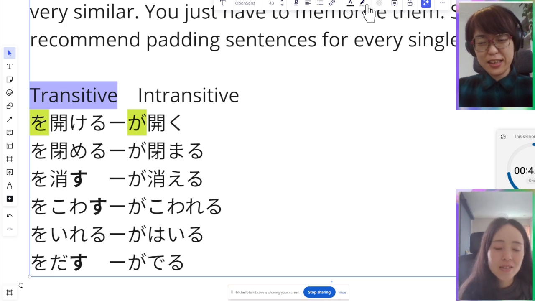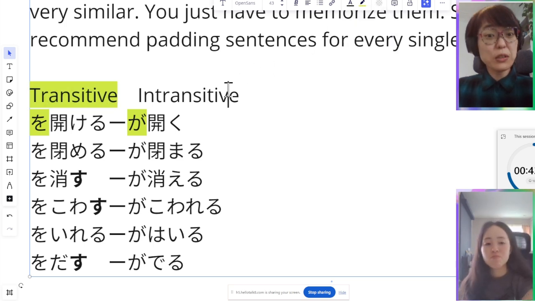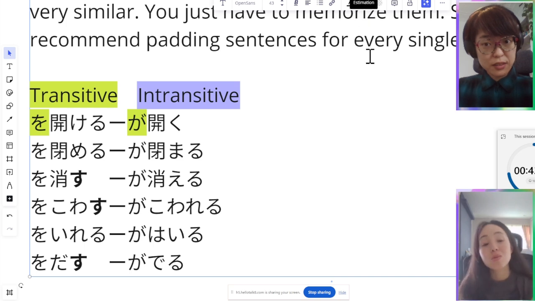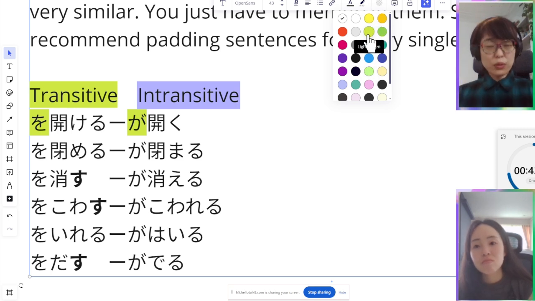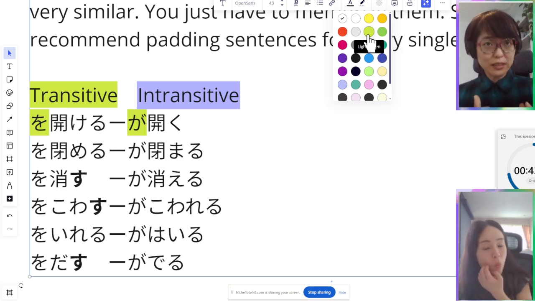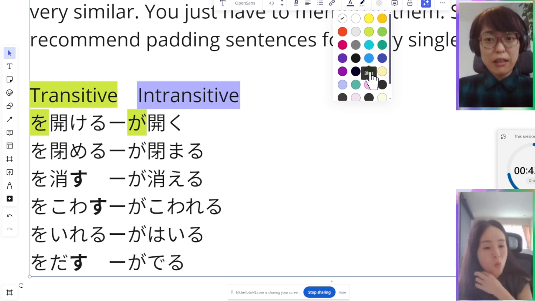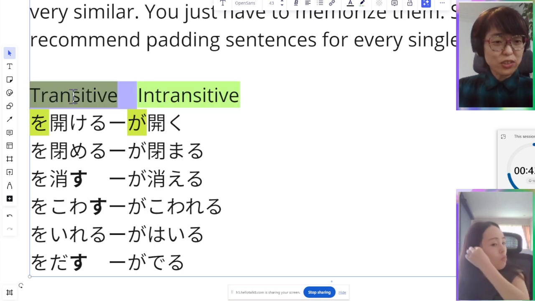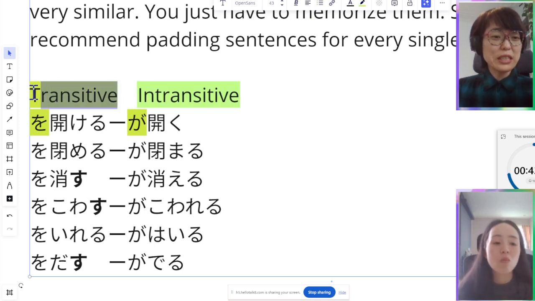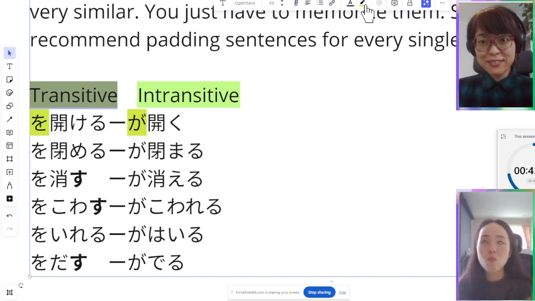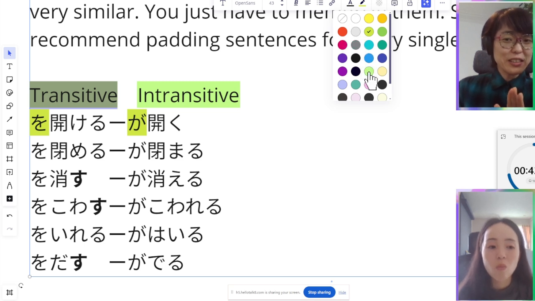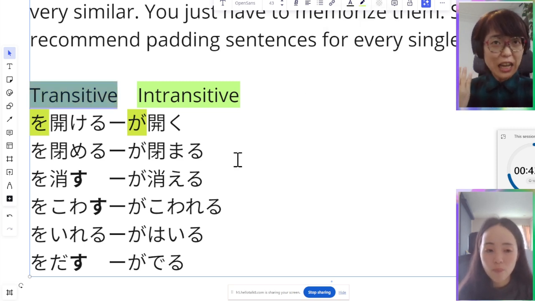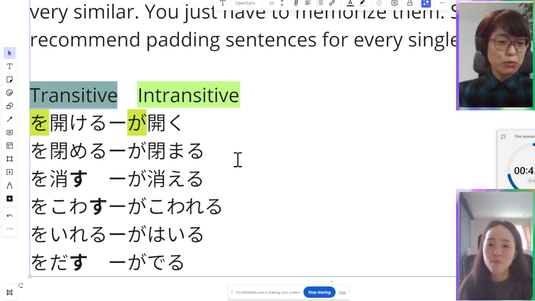Think. Because it means suru. You do the action. Someone acts upon something, which means there's some action. So action is always like suru, right? So suru is transitive. The verb that ends with su comes originally from the suru verb.